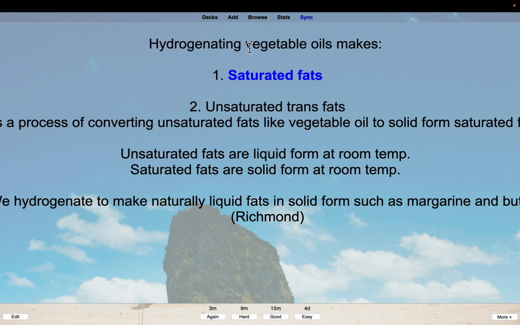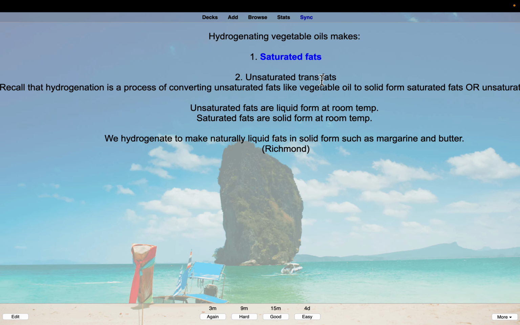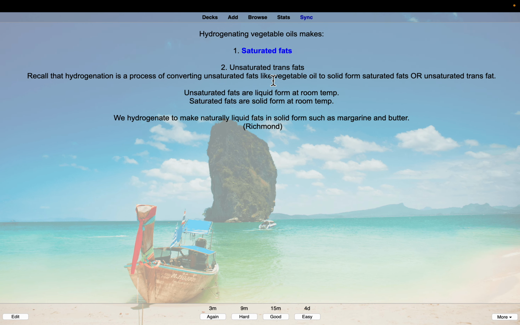So vegetable oil initially is liquid. It's not bad. It doesn't cause atherosclerosis unless it undergoes the process of hydrogenation, where you add more hydrogen, so it wouldn't be any different from saturated fats, because saturated fats again have a lot of hydrogen.